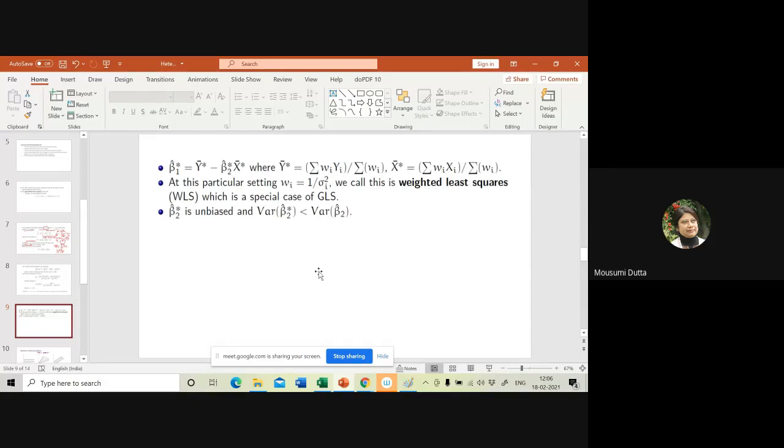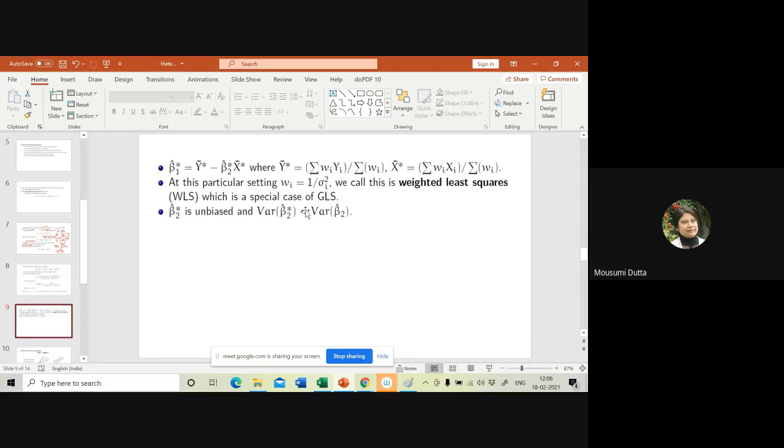Once you get beta 2 hat star, you will find that beta 1 hat star is y star bar minus beta 2 hat star x star bar. It is y bar minus beta hat into x bar format. Okay. And then you can use the notations to write it with the weights we have considered here.